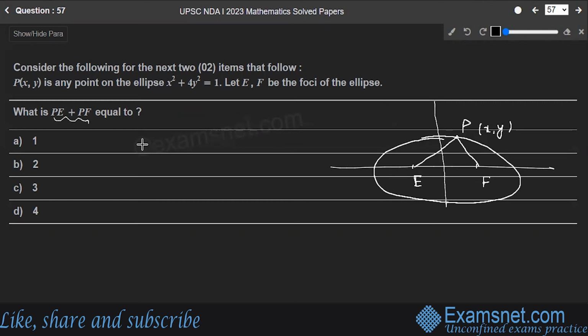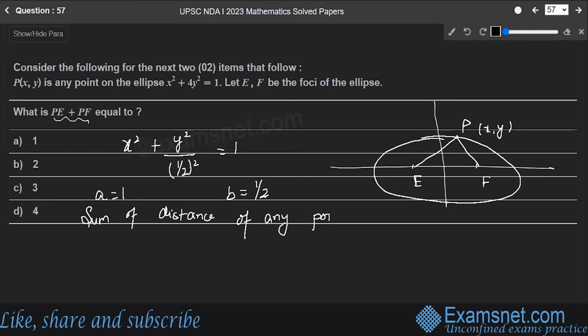First of all, let's write down the ellipse. It is x squared plus 4y squared equal to 1, which can be written as x squared upon 1 squared plus y squared upon (1 by 2) squared is equal to 1. So here A is 1 and B is equal to 1 by 2. You know the property of the ellipse. It says that the sum of distances of any point on the ellipse from the foci is equal to 2A.